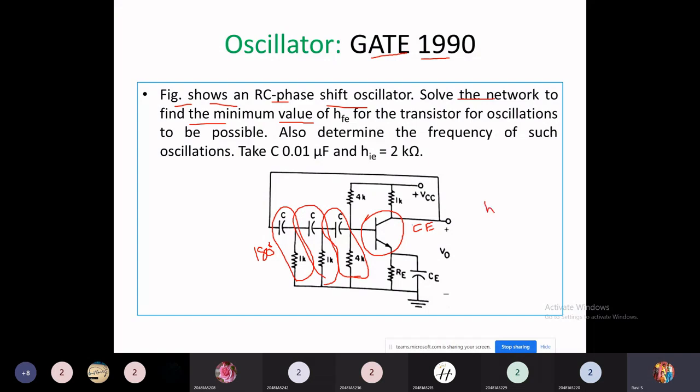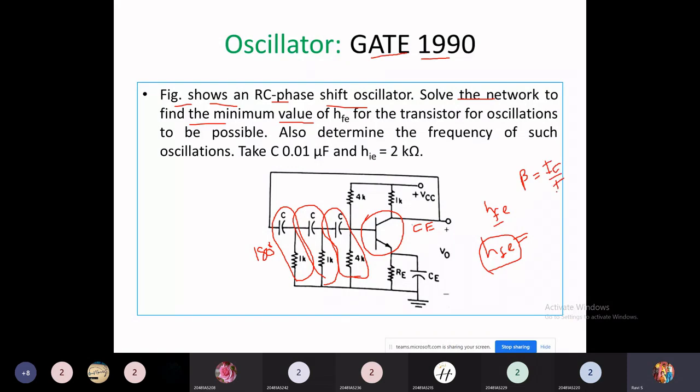HFE is nothing but an H parameter. It is for forward current gain. H suffix F represents forward current gain and this E denotes the common emitter configuration. So forward current gain in common emitter configuration is something like beta of the transistor, which is the ratio between output current and input current.